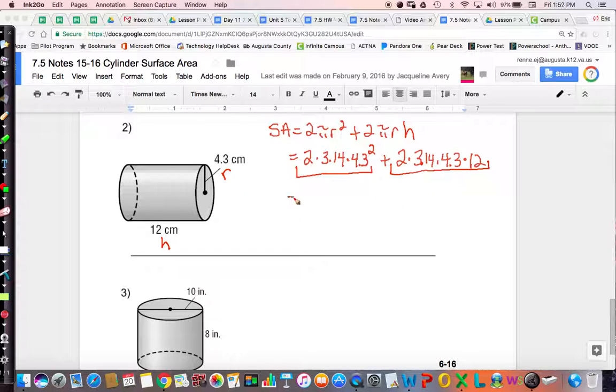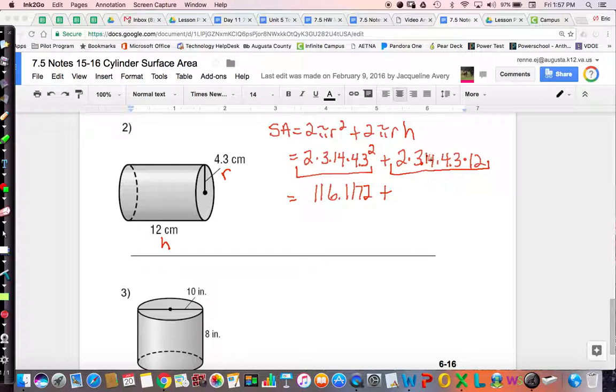Okay, now I need to calculate each part. So remember, I'm going to type this in as 2 times 3.14 times 4.3, hit the x squared button, and then hit equals. And you get 116 and 1,172 10,000ths.